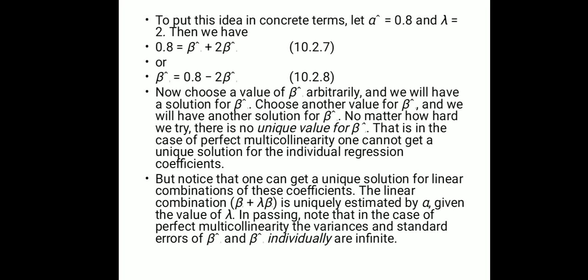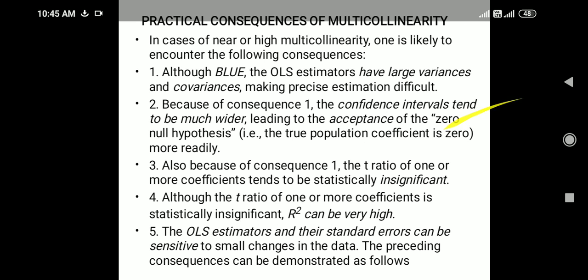Note that one can get a unique solution for a linear combination of these coefficients, that is, beta 2 plus lambda beta 3 is uniquely estimated for a given value of lambda. Also note that in the case of perfect multicollinearity, the variances and standard deviations of beta 2 cap and beta 3 cap are individually infinite.